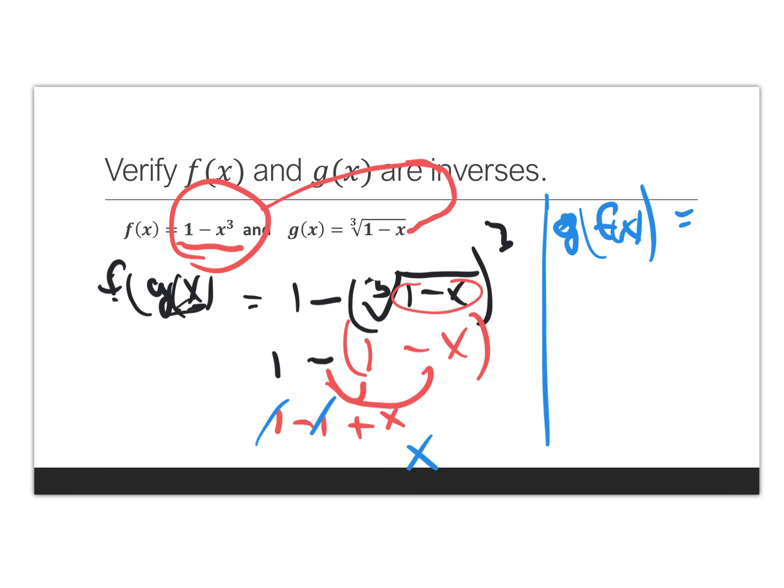So that's still going to give me the cube root symbol, cube root of the 1 minus, let's see, 1 minus x cubed, and I got to put that in parentheses. So the 1 minus x cubed becomes the x.